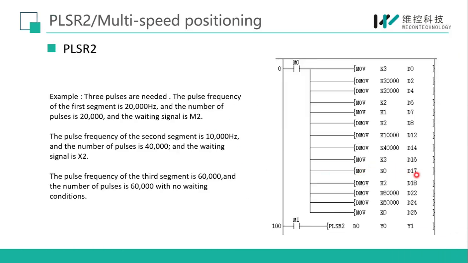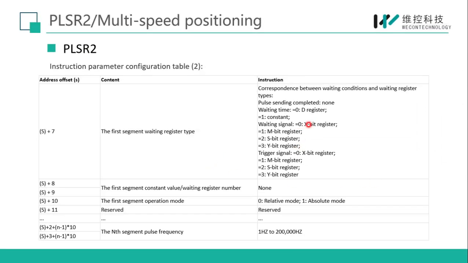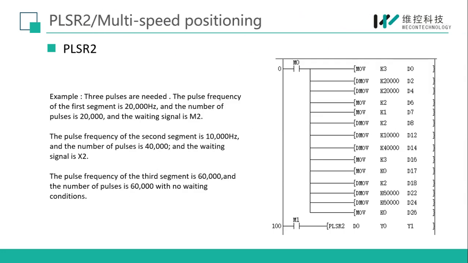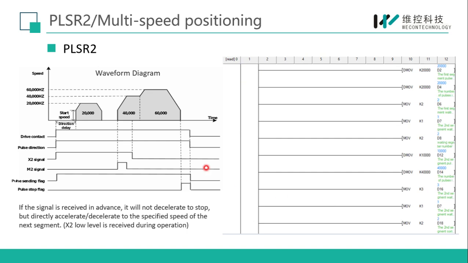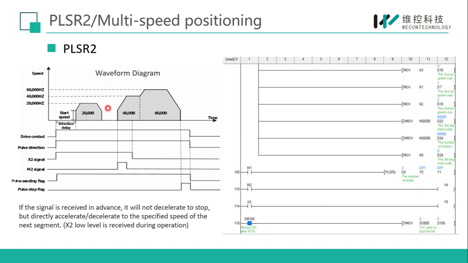And D17 is 0 and D18 is 2, so it's the X register and the register number is 2. So it's X2 here. If we don't need waiting conditions, like the third segment, we can just set D26 as 0.